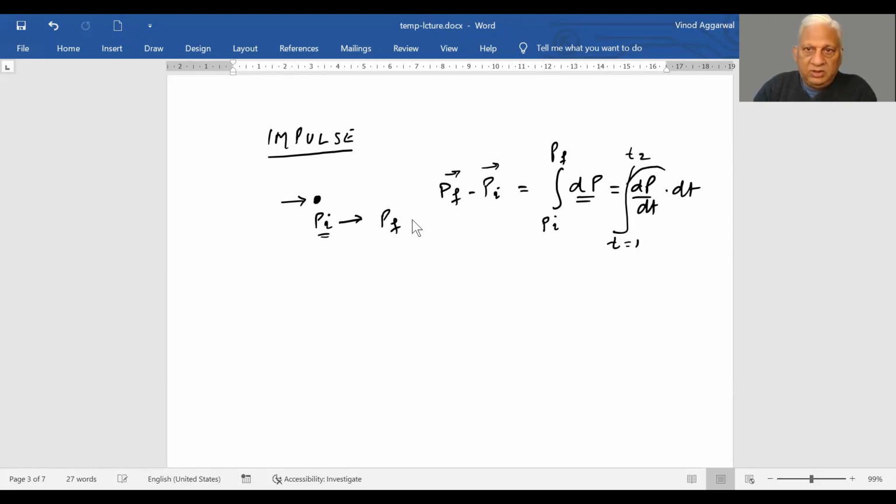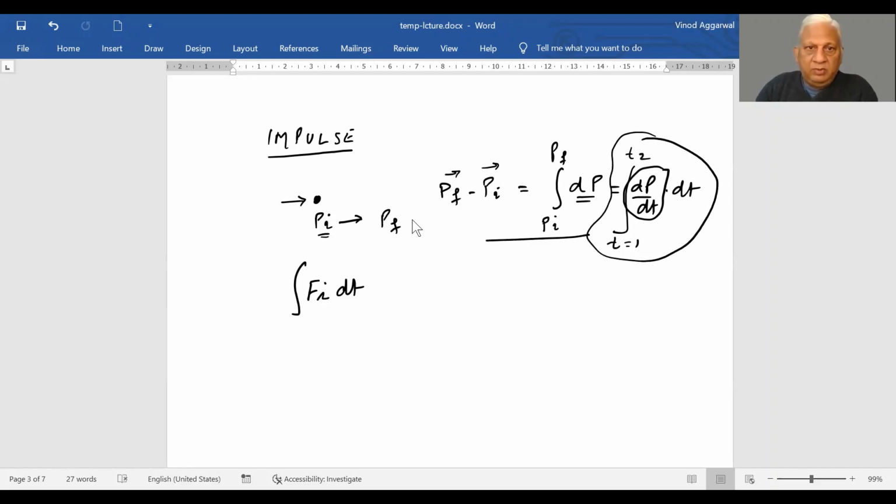Okay. Now what is this term? This is the rate of change of momentum. And we know rate of change of momentum is nothing but force. So this whole term becomes this one, which means the change in momentum over a small time from t1 to t2 is equal to the integration of force applied over a small time, integrated from t1 to t2.